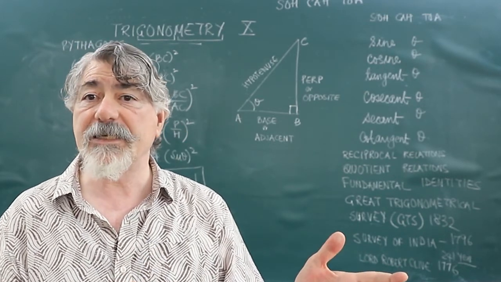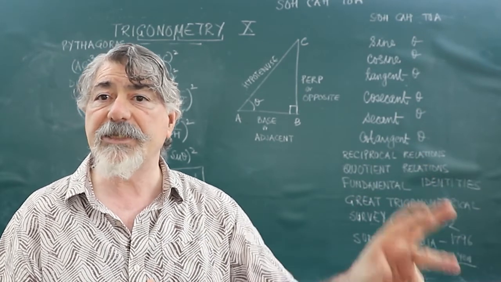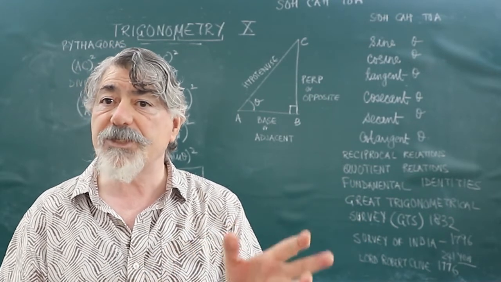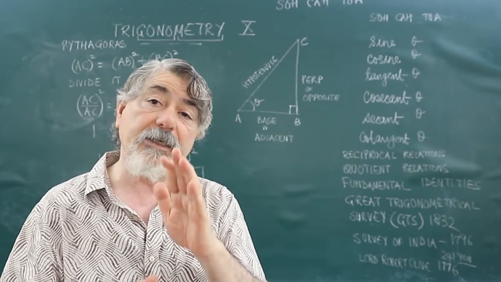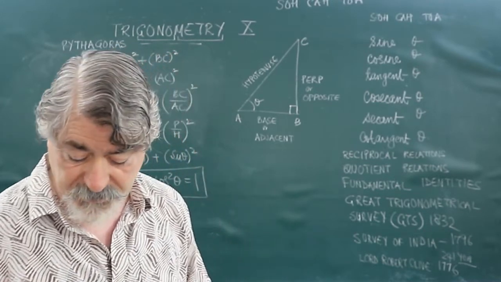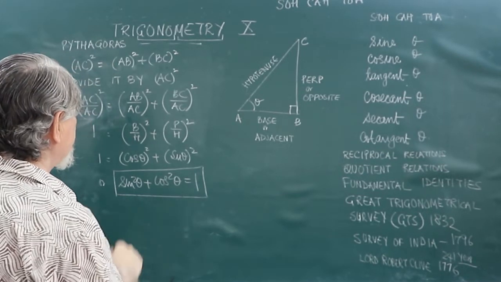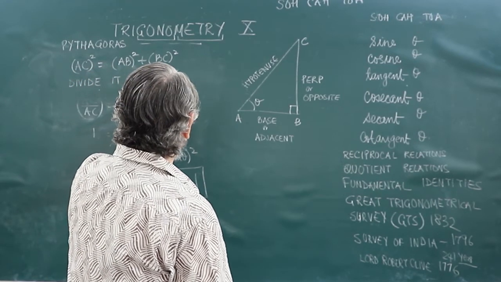Whenever you see sin square theta plus cos square theta, you will have one thing in mind, that I can write it equal to 1. Or sometimes if you see 1 and you need sin square theta plus cos square theta, I can replace 1 by sin square theta plus cos square theta. So this is one of the identities which I am going to write separately, and remove this because I am going to do the next one now.